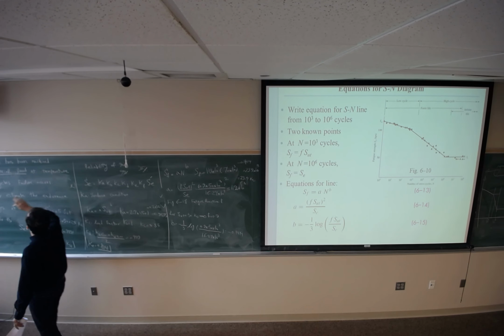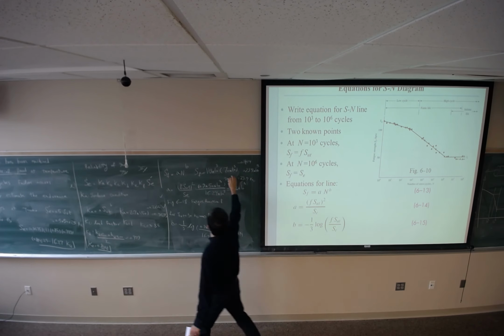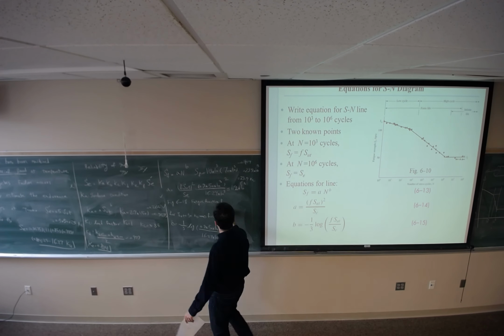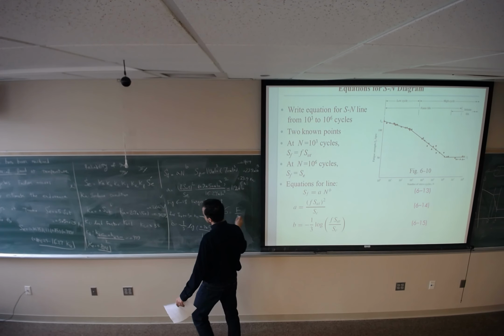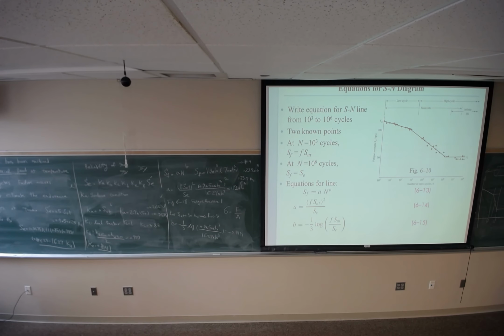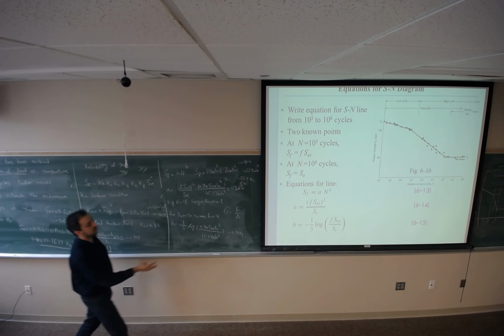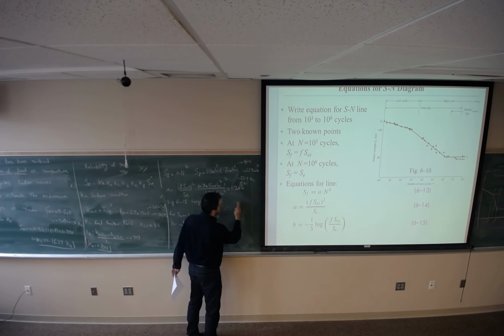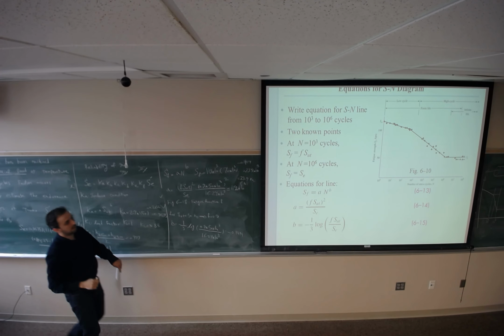At this number of cycles, the fatigue strength should be this. So sigma would be F divided by A for axial load. If the cross section is given, you can estimate how much force we apply to the component.